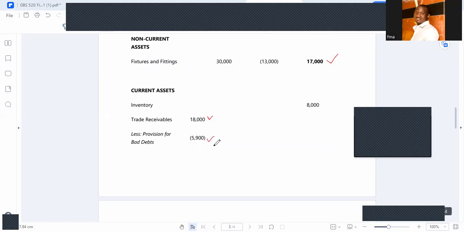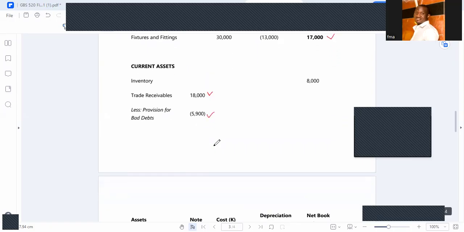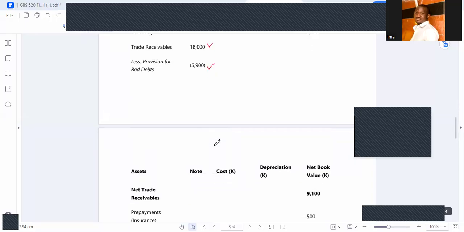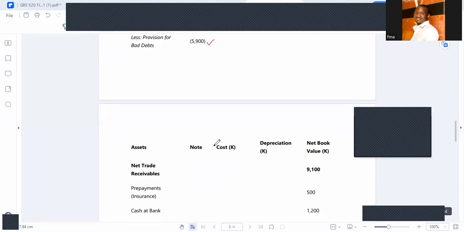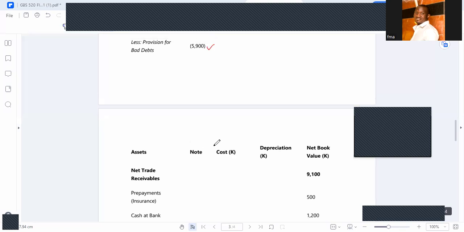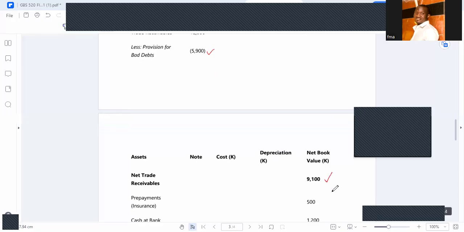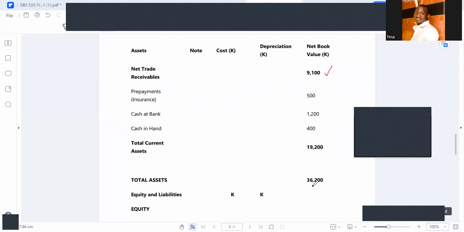We remove provision, which is 5,000 plus 900, which is 5,900. Then when we subtract 18,000 minus 5,900, we get our net receivables as 9,100. Then we go to our prepayment of insurance was 500, cash at bank was 1,200, cash at hand 400.